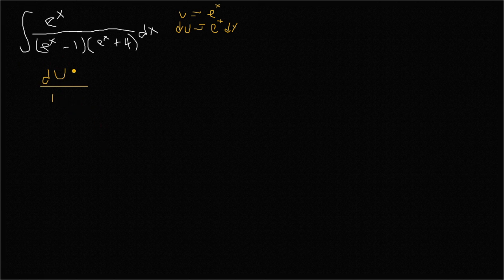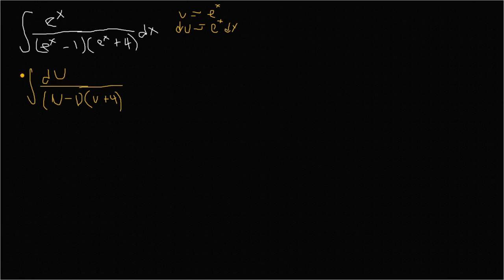Okay, so this is du, because we want to engulf this dx. So e to the x dx. And so then we're going to have over u minus 1 times u minus 4, u plus 4, and then take the antiderivative.